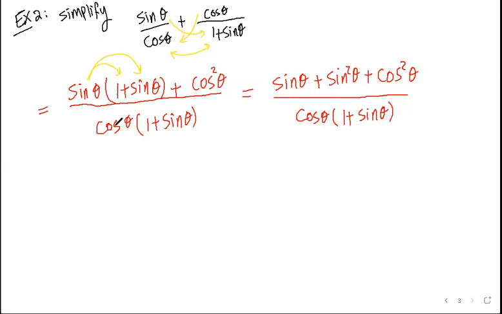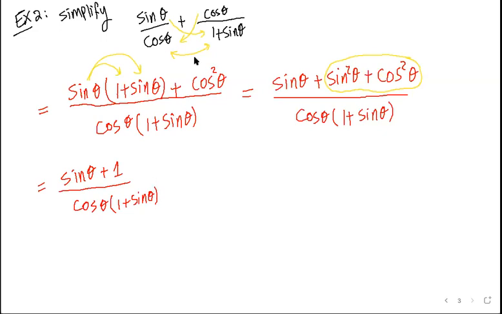I'm not going to distribute the cosine here, because look up: sine squared plus cosine squared is 1. So the value now equals sine theta plus 1 over cosine theta times 1 plus sine theta.